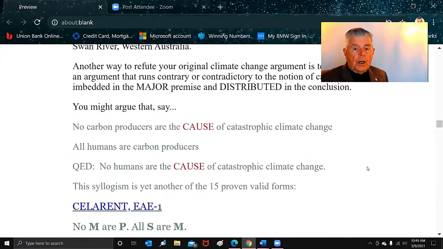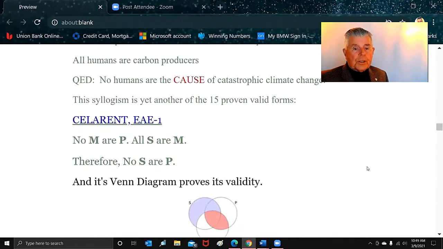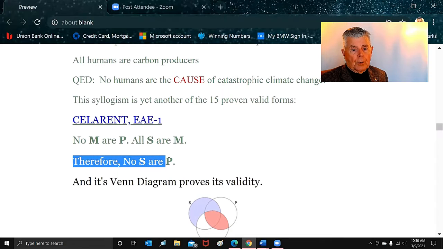Anyway, so we could have used an Celarent to refute the original thesis, but that would give us an equally difficult universal negative, a type E proposition, to defend with evidence and with data.